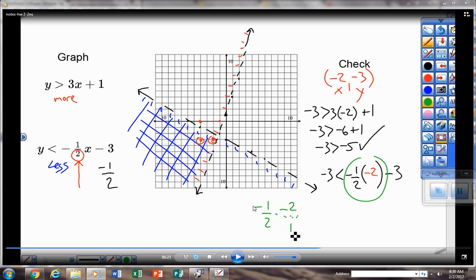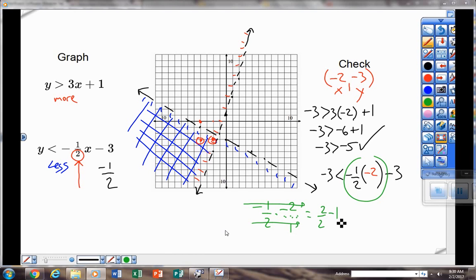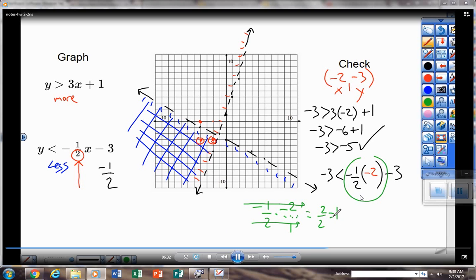Negative 1 times negative 2 over 2 times 1, which gives you positive 2 over 2, which gives me 1. So this cancels away into 1. Or you could cross out those 2's and cross out those negatives if you want, and just be left with that 1 right there. So you get negative 3 less than 1 now.